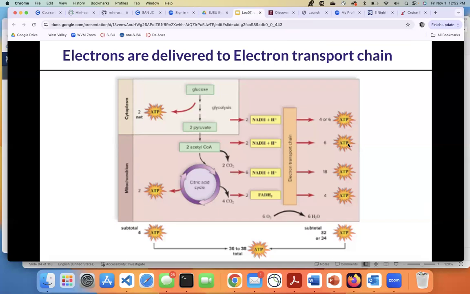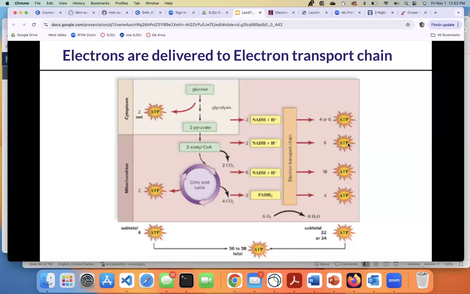What I want you to recognize from this whole thing though is the role of NADH and FADH is to be the electron carrier and carry that energy over. And that energy that it is carrying is going to be used to make ATP. The majority of ATP is made in the electron transport chain, and we can make well over 30 ATP by transferring this electron down the electron transfer chain.